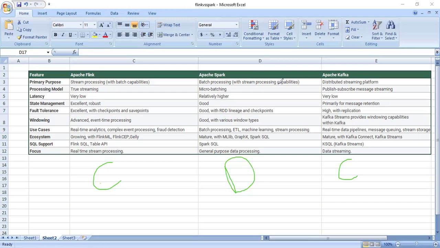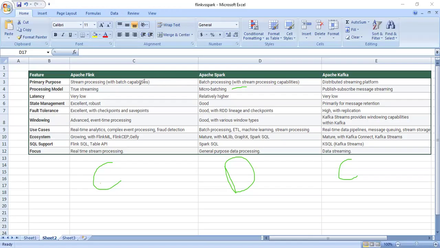Originally, though, Spark is designed to work with batch data. As a special case of working with batch data, it deals with stream data using a processing model called the micro batching model. Because of this, in comparison to Flink, Spark gives higher latencies when it comes to stream processing of the data.